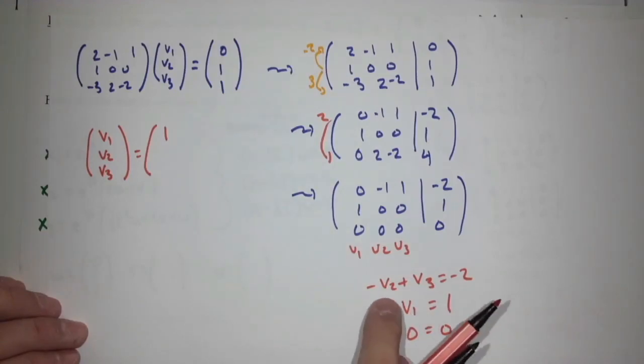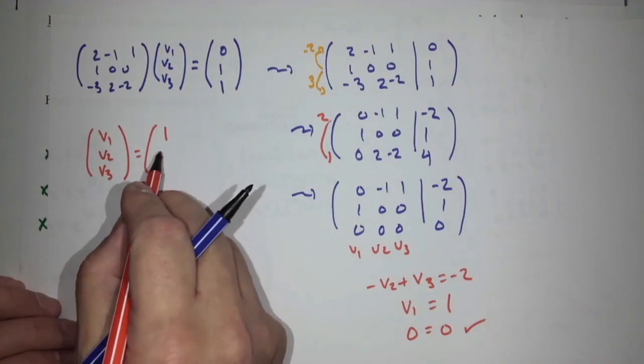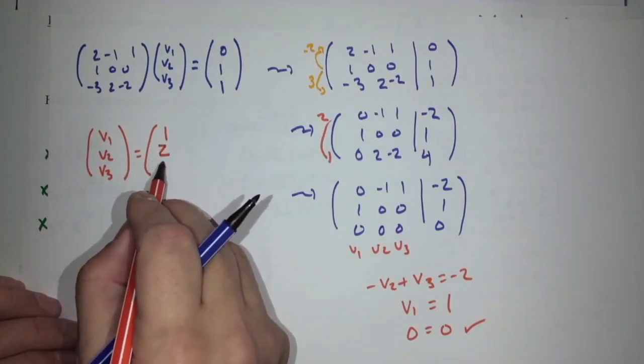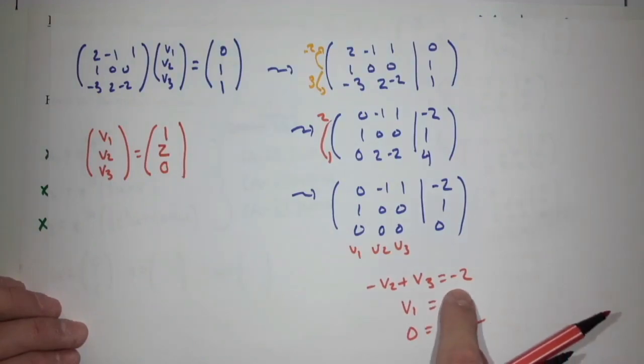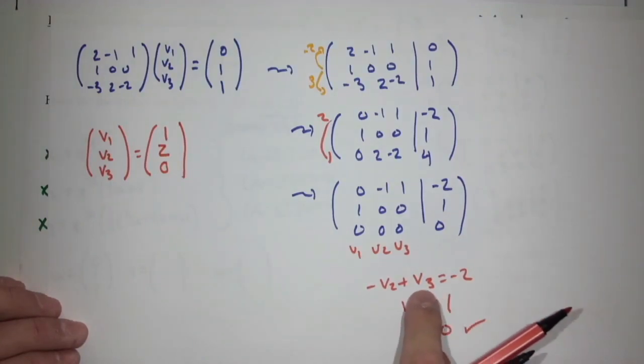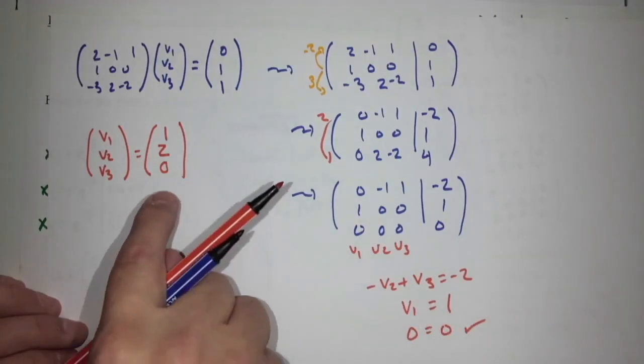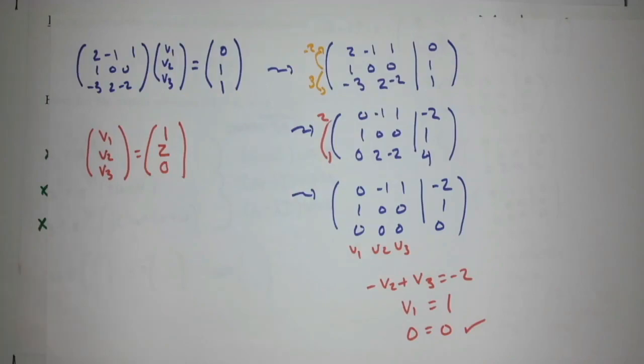I'm not saying that you can't choose negative 1. I'm just saying, how about 1, 2, 0? Right? Because minus 2 is minus 2, and then that one is 0. So I like things with zeros. Zeros are our friend. We like zeros.